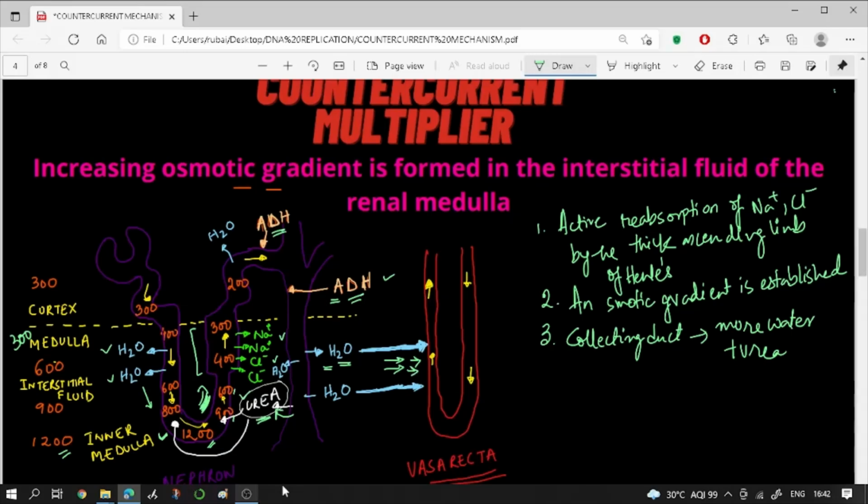With loss of water, the urea left behind in the tubular fluid of the collecting duct becomes increasingly concentrated, and because the duct cells in the inner medullary portion are permeable to urea, the urea can easily diffuse out from the fluid in the collecting duct into the interstitial fluid of the medulla.